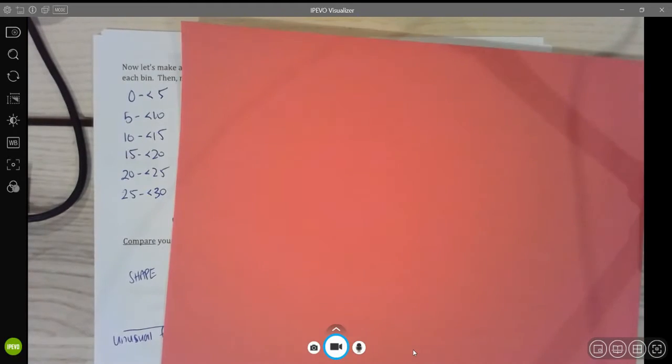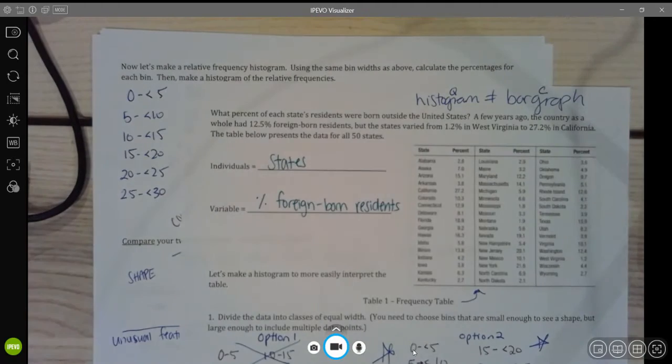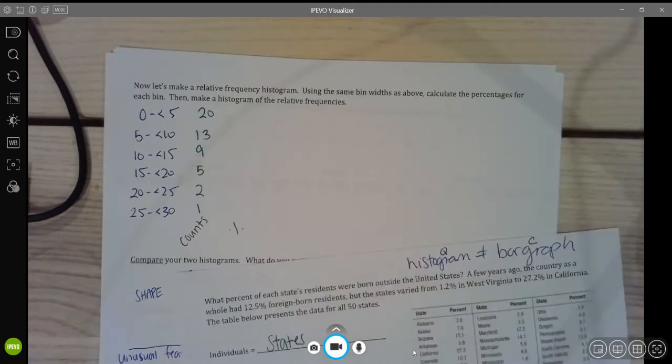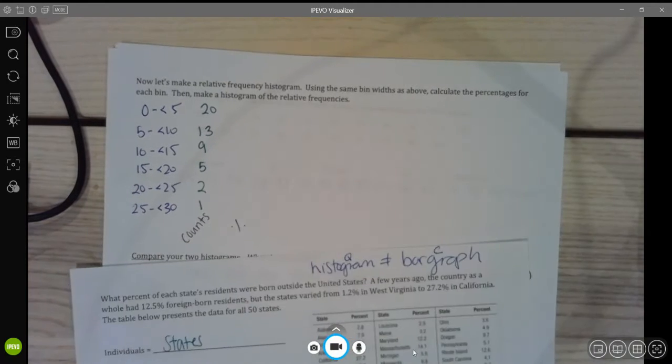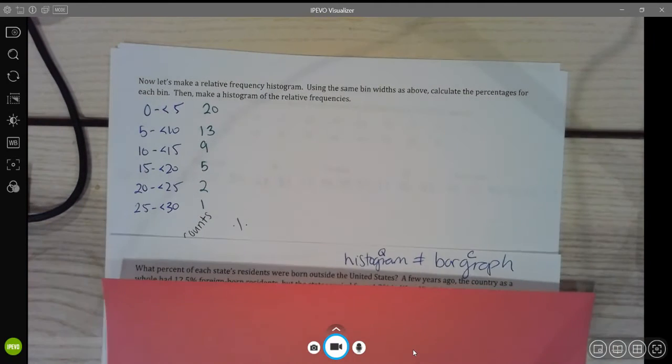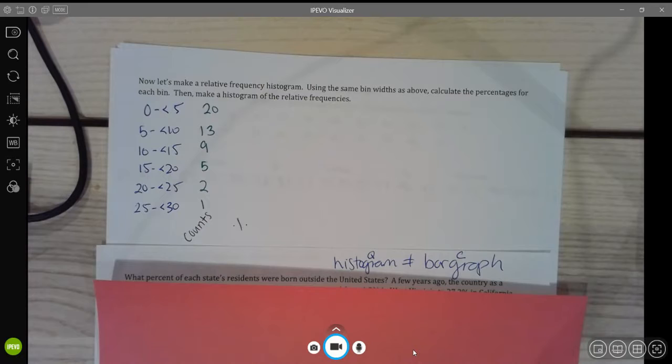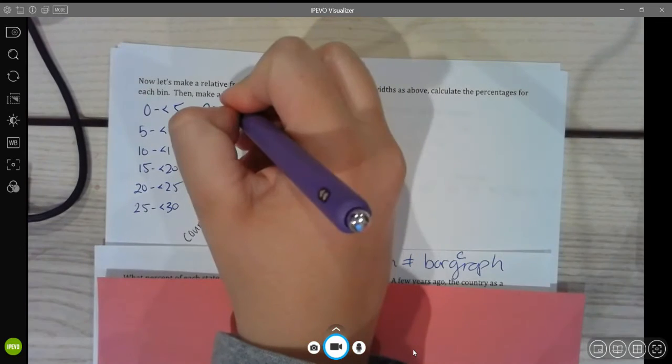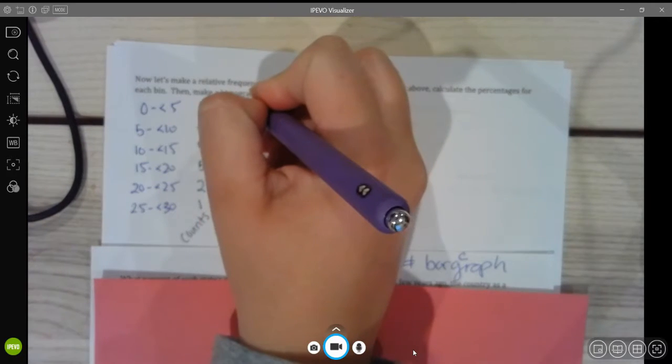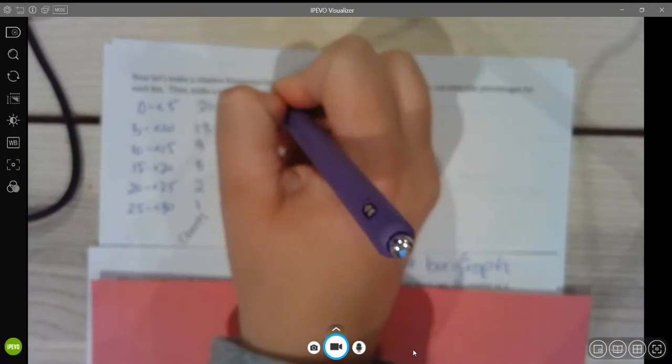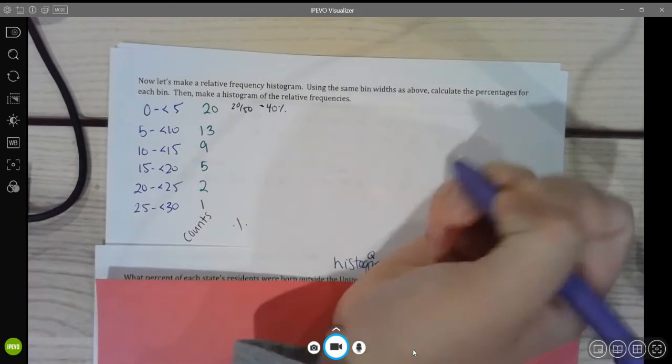So using my same bin widths here, and we need the counts, which I think I did already write. I did write the counts on there. Okay, perfect. So we've got the counts already. We need to find the percents. There are 50 states. So to find the percents, we'll just take 20 out of 50 times 100, which is 40%.